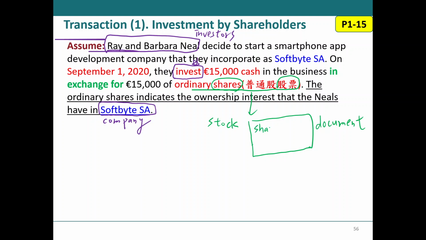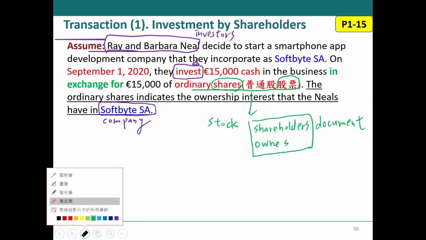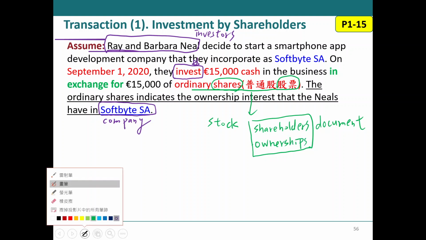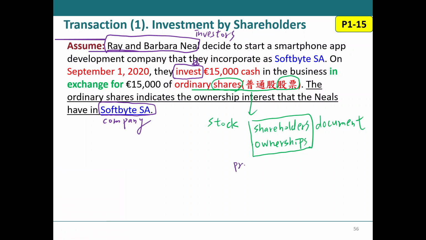It proves shareholders' ownership. Okay? So shares, stock, just prove shareholders' rights in the company.